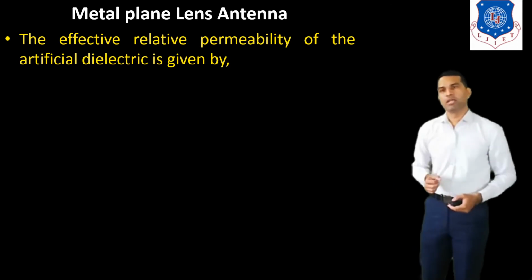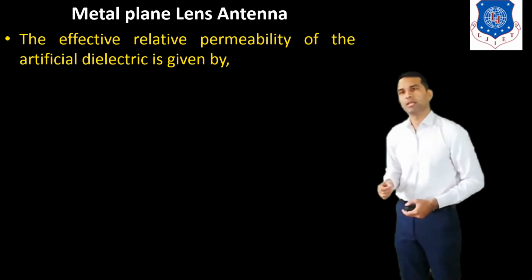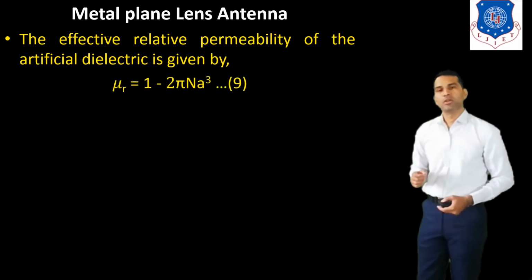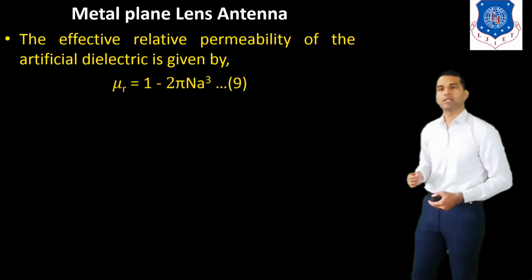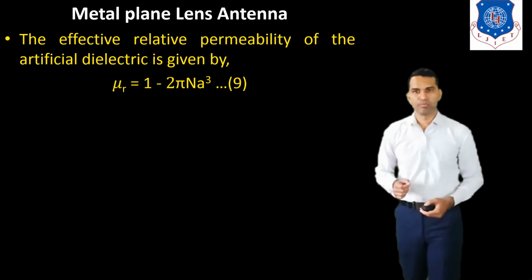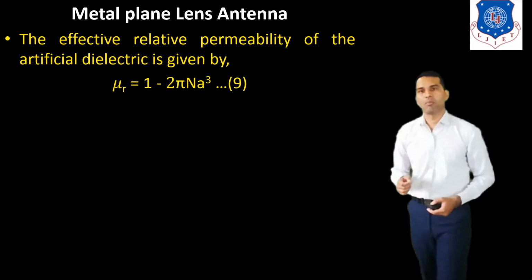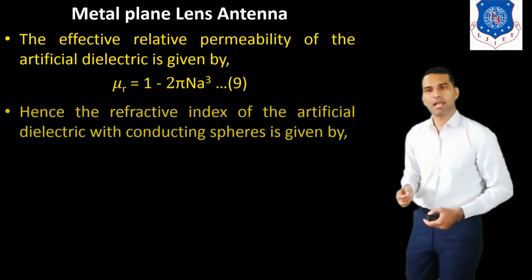Now, the effective relative permeability of the artificial dielectric is given by mu r equals 1 minus 2 pi N a cube. So this is the equation for the permeability of the artificial dielectric.